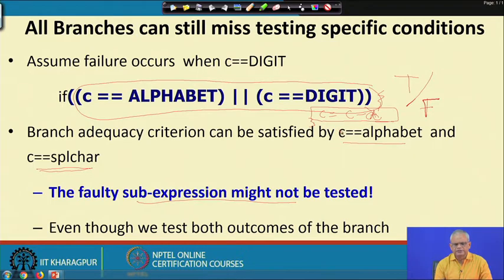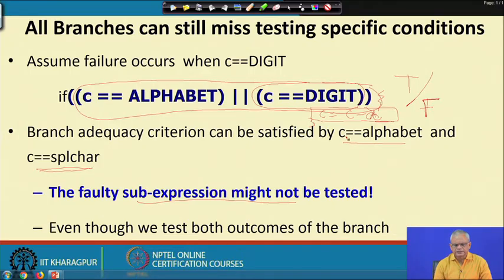The bug remains even though we are achieving decision coverage by testing both outcomes of the branch condition. The reason is that we are never making this sub expression true.